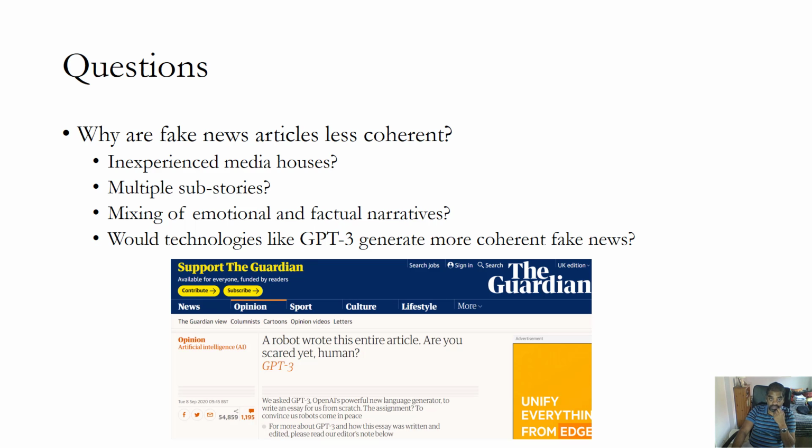There was a Guardian article written entirely by robots, and I think it would be interesting to see what the lexical coherence of this article is. But the broader question is, would technologies like GPT-3 be able to generate more human-like and more coherent fake news, and how do they rank in terms of coherence?